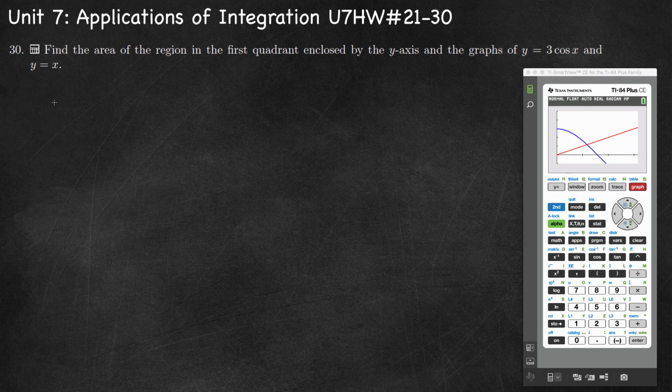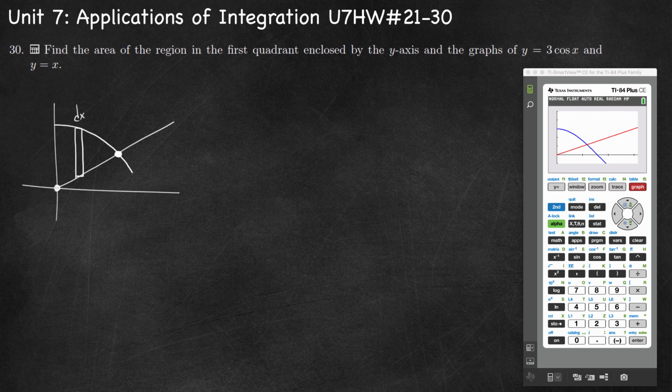So we'll sketch that over here. There's y equals x, and then I've got my cosine graph coming down here. So I'm going to need this point of intersection, and I'm going to do this one as a dx problem. So I just need the x coordinate of that point of intersection.